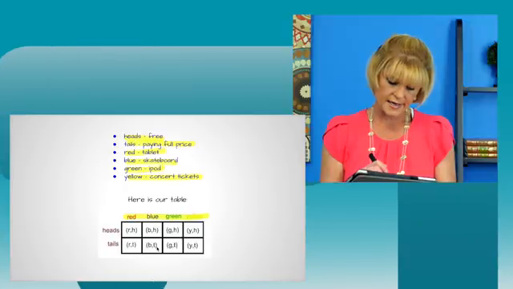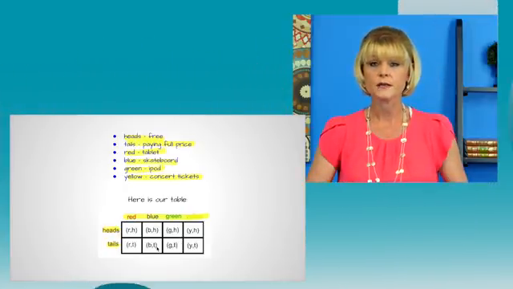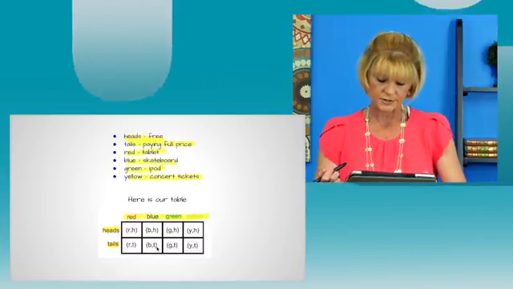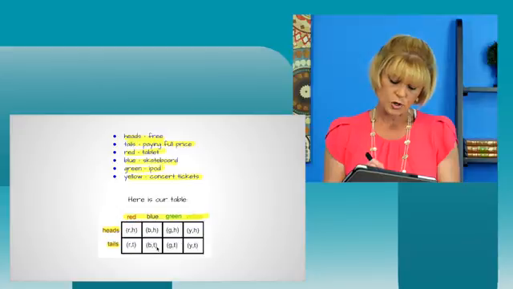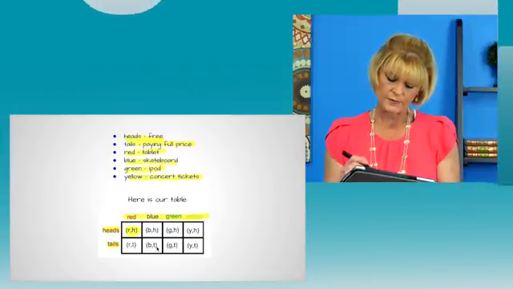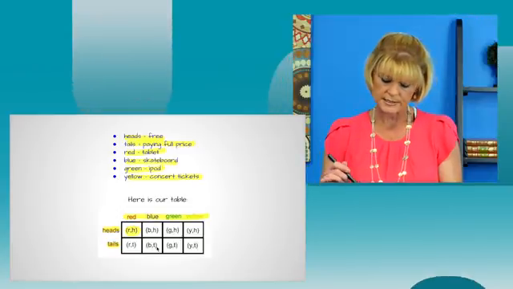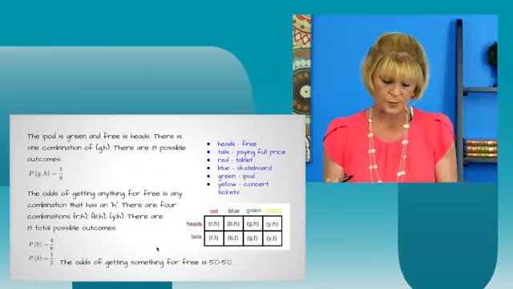And then we have heads and tails in the first column, and that represents free versus full price. So the chance of spinning red and flipping a heads would be here, and so on and so forth throughout the table. And this table is going to help us answer those questions that were in our example.